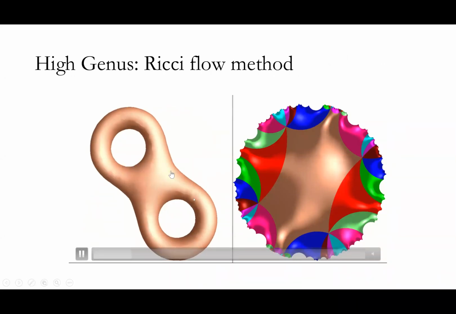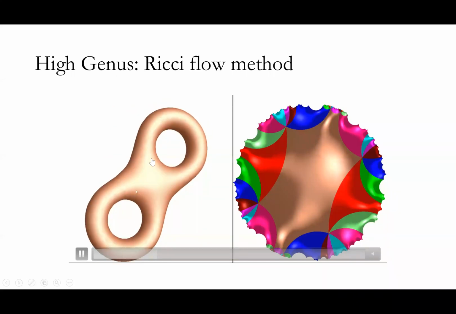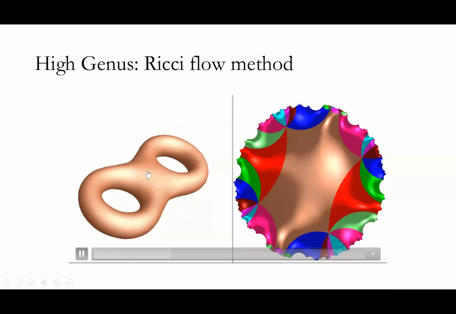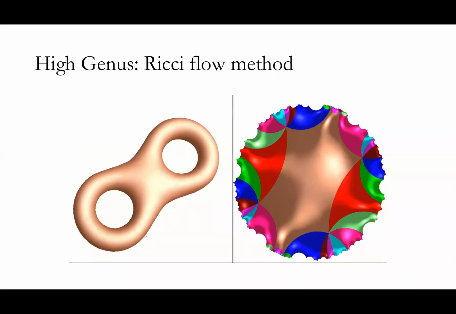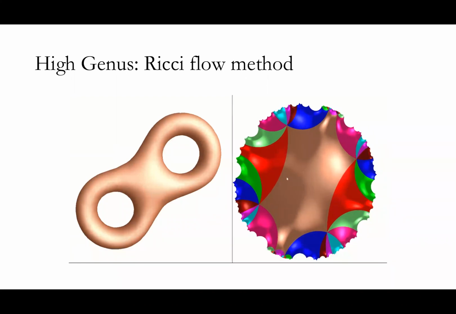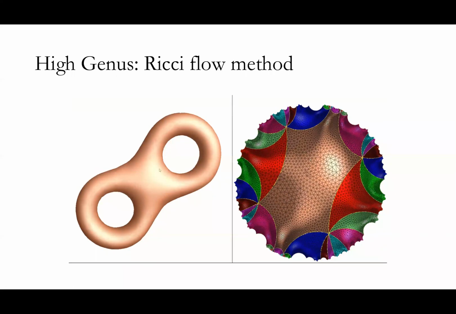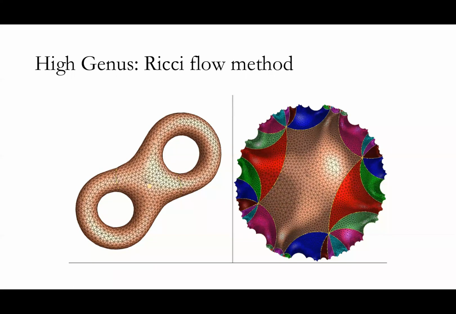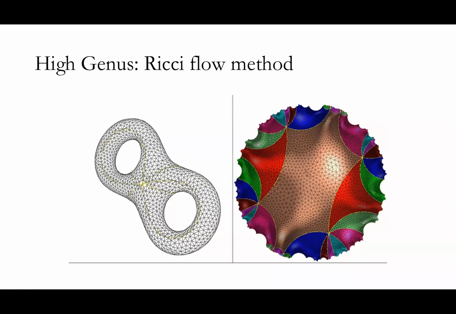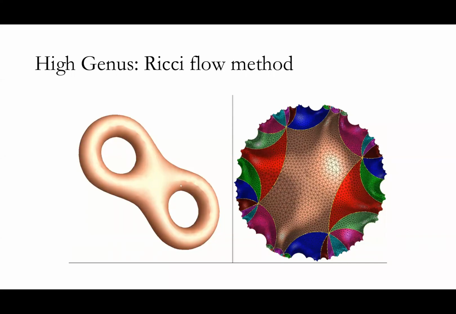Okay, for the high genus case, we use the Ricci flow method. Basically, we deform the Riemannian metric of the surface at a rate proportional to the curvature. Then the curvature evolves according to a nonlinear heat diffusion equation, and eventually becomes constant everywhere. At that time you get a Riemannian metric with constant Gaussian curvature of -1, which is the desired hyperbolic metric. This method is really powerful.